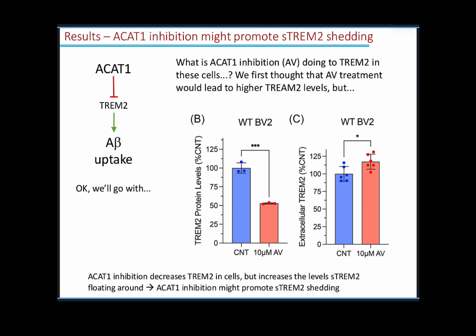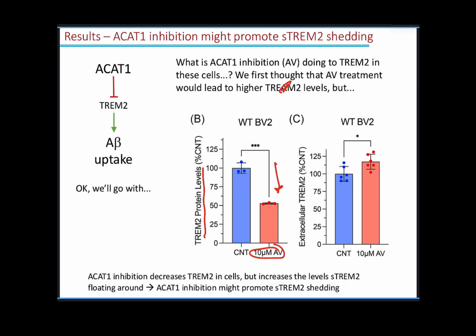The question now is, what is ACAT1 inhibition by way of AV doing to TREM2 in these cells? So in the paper, they write this. I paraphrase, but they write this. We first thought that AV treatments would lead to higher TREM2 levels. That treating the cells with AV would simply increase the levels of the TREM2 protein. But what they found is that the TREM2 protein levels, shown in this first graph here, with AV decreased significantly.